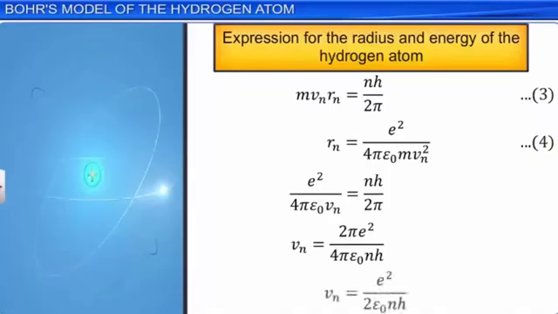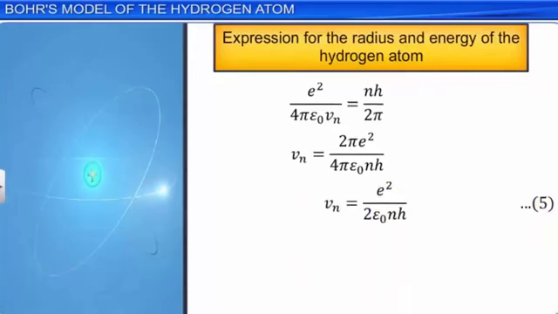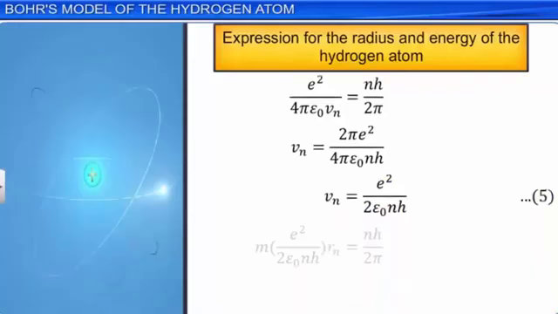Let this be equation 5. Substituting equation 5 in 3 and simplifying, we get R_n is equal to ε₀ n² h² by π m e². Let this be equation 6.